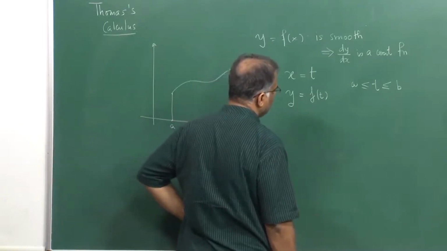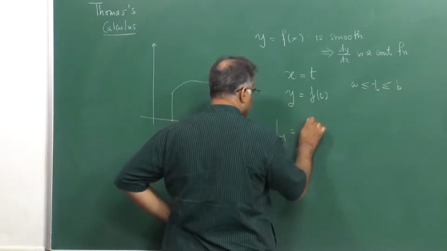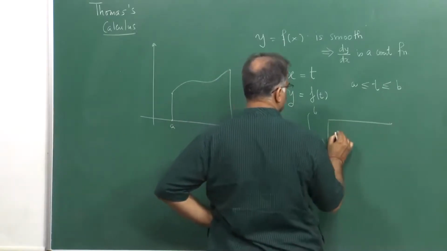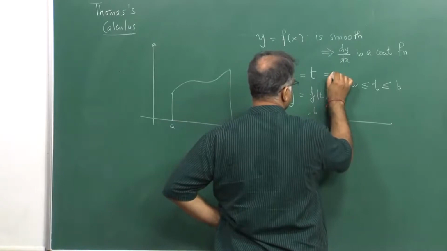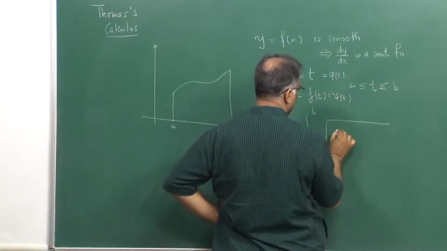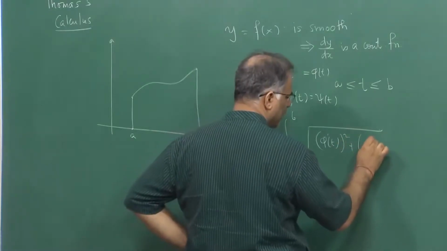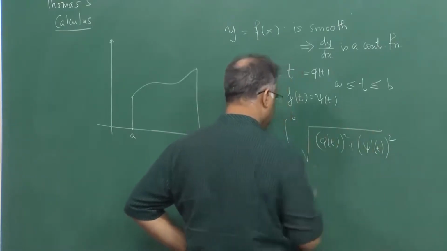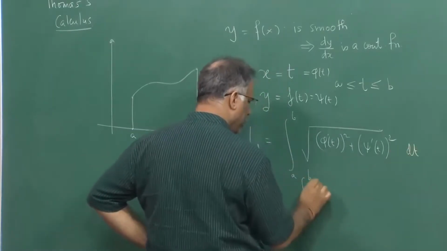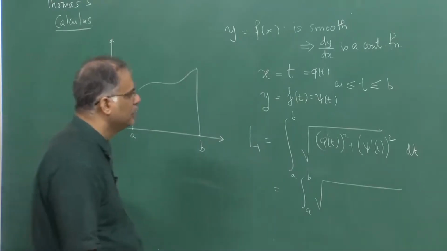The fact that we have now parameterized like this, my length is nothing but integral A to B root over, so this is my phi t and this is my psi t, phi dash t whole square plus psi dash t whole square, dt, A to B. Root over what is phi dash t?